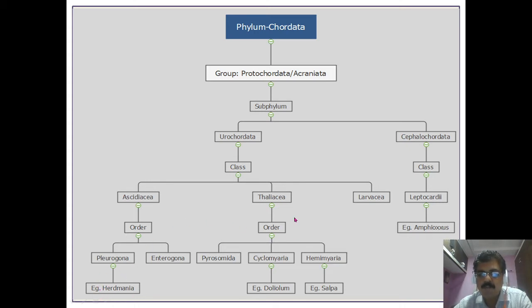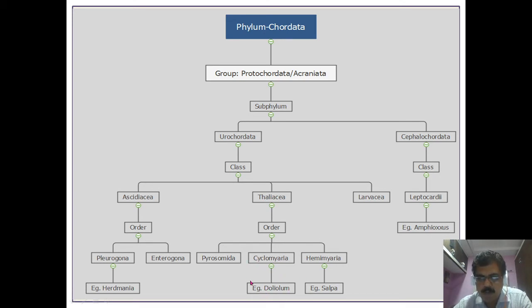And next, this Thaliacea class is divided into three orders. What are these? One is Pyrosomida, then Cyclomyaria and Hemimyaria. You have to study two examples, one from the Cyclomyaria and another one from the Hemimyaria.